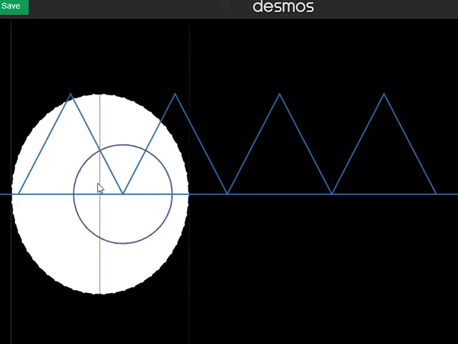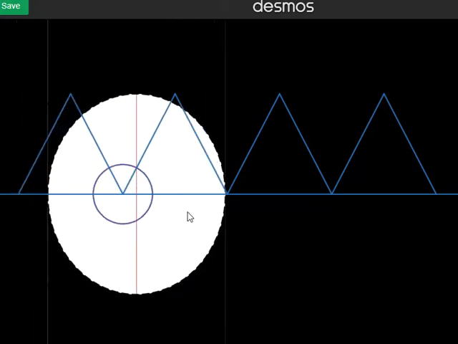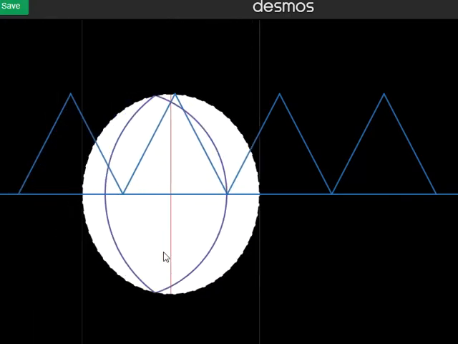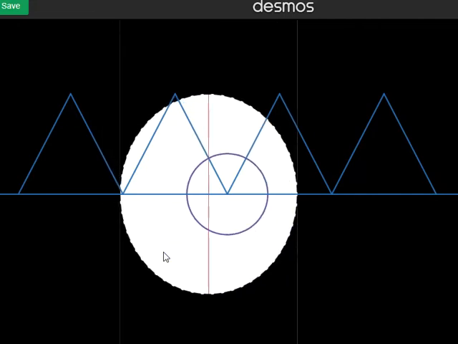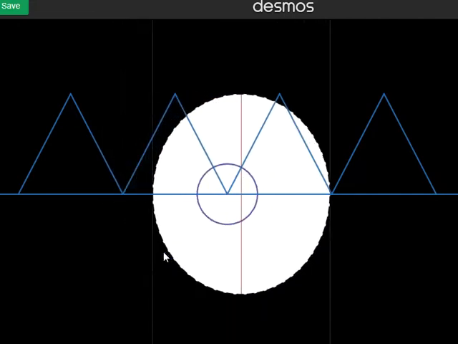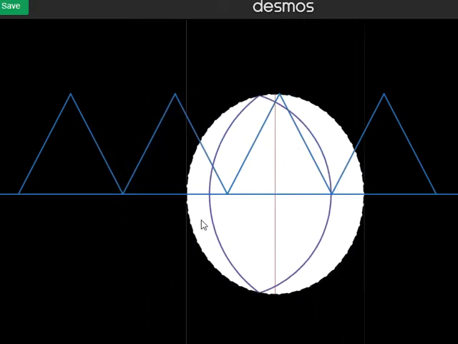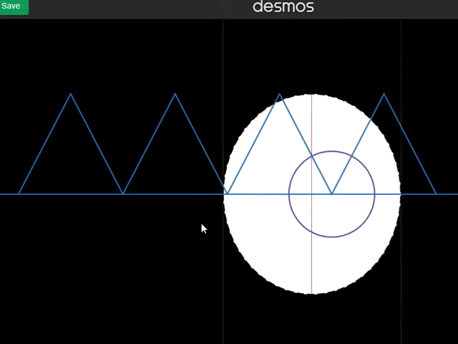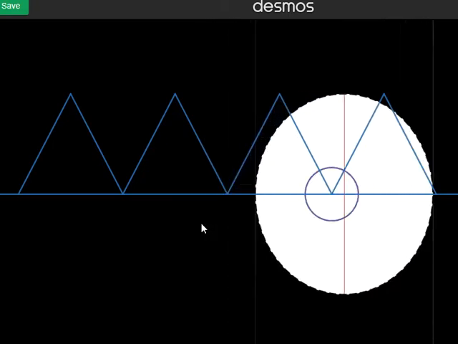The circular mirror doesn't look circular, first of all. It looks like an oval. And what we have is a circular wavefront going outward at the speed of light, bouncing off the mirror, and then moving back inward.